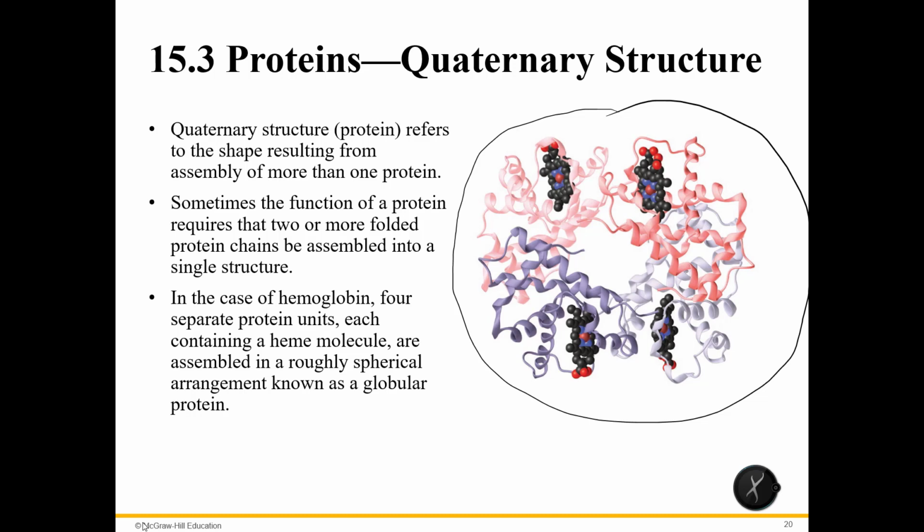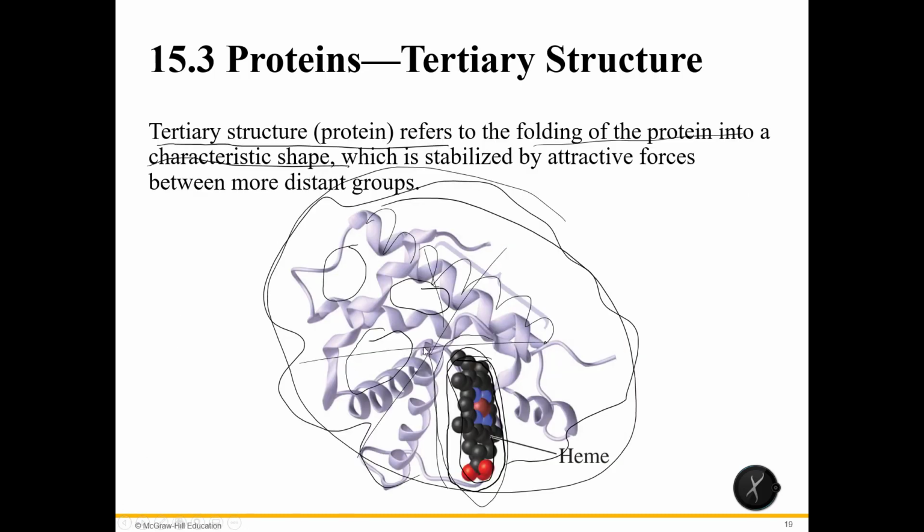And we can see in this structure that there are places where heme can attach more than one place. There's one, there's two, there's three, there's four. And what we actually have is this structure 4 times.